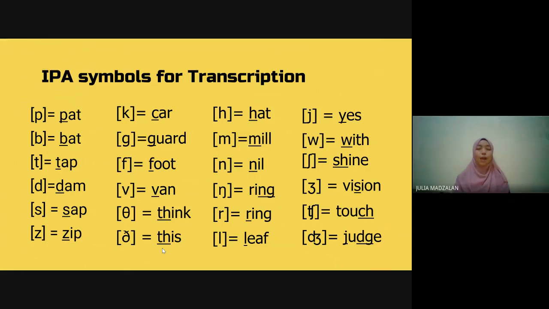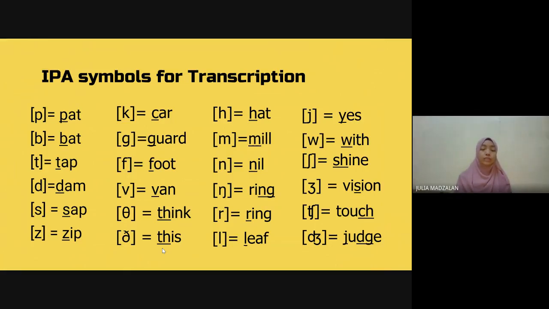So these are the IPA symbols for transcription. If you have ever touched a dictionary, the physical dictionary, maka you will know bahawa these symbols are ever present in a dictionary because they want to guide you how to pronounce words. P, contohnya pat. B, contohnya bat. T, contohnya tap.